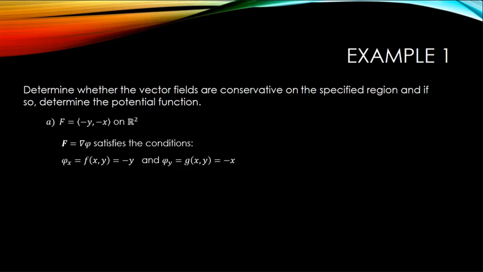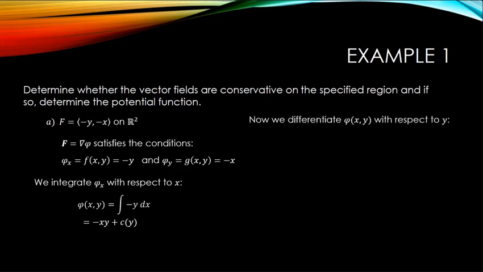I'm going to integrate the partial of phi with respect to x with respect to x. This gives me phi of xy is equal to the integral of -y dx. This gives me -xy plus an arbitrary constant c of y.